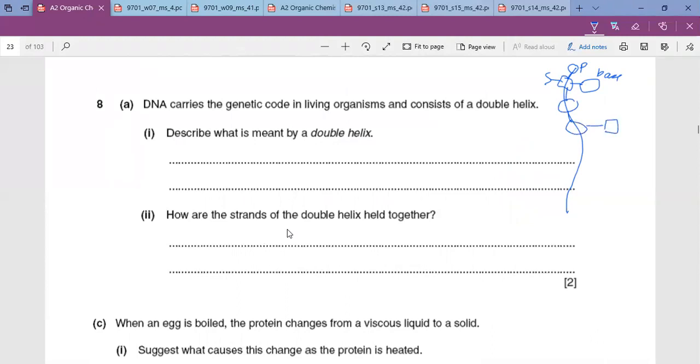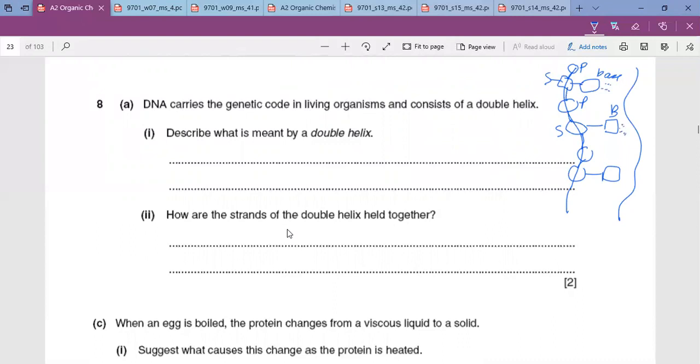So this is like a backbone, and this is one chain. The other chain is here. These two chains are linked together by what? By hydrogen bonds in between the bases.